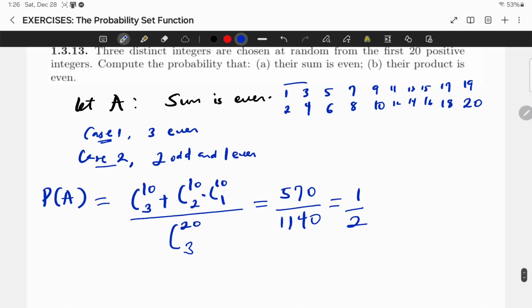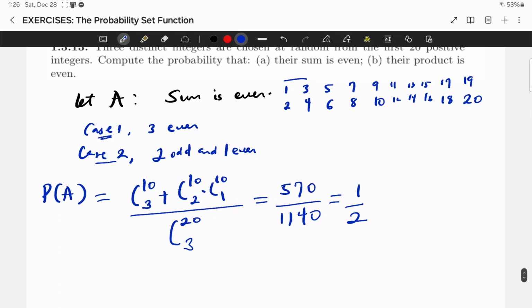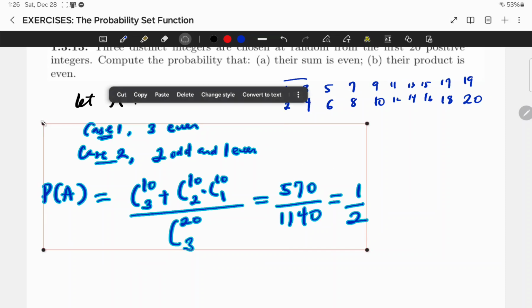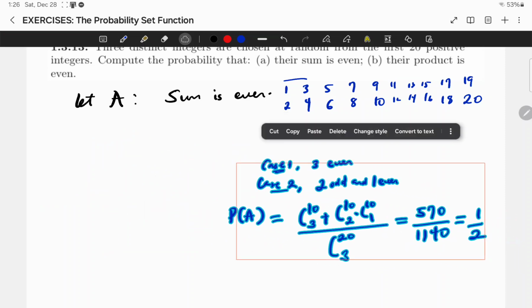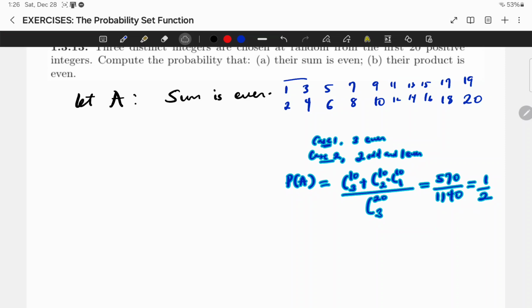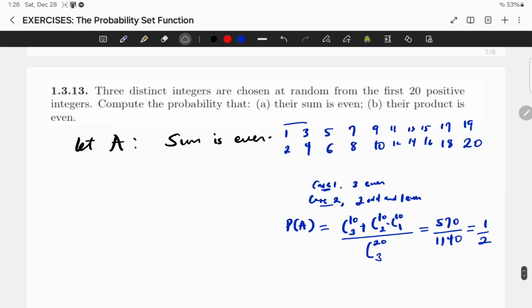Okay, so the second question. I want to push this down so that I can solve this second question here also. The second question: their product is even. Their product, that is their multiplication, is even.